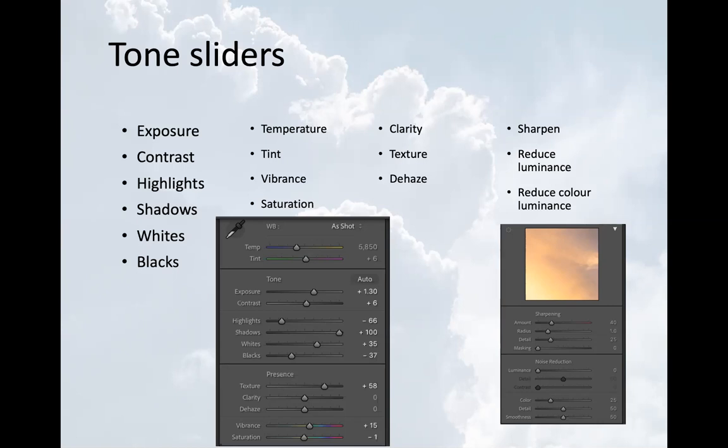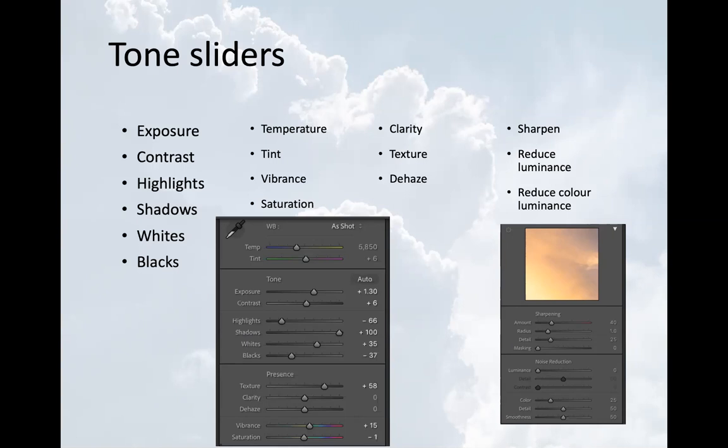Get rid of the shadows. So what that is, if you've got a dark wall, you might be able to get some of the detail in that wall by moving the shadows slider to the right. The whites, the blacks, too much black. Texture, clarity, dehaze, they're all tools that make the picture sharp. Clarity and texture certainly are tools that make the picture sharper at particular colours.